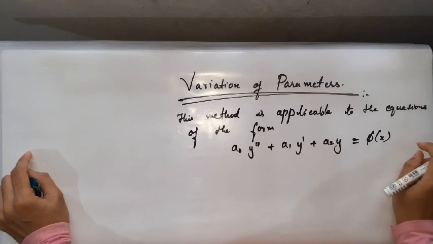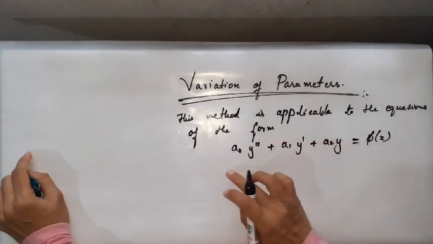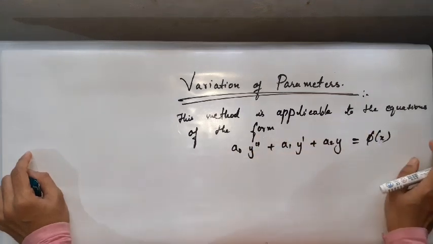Order was not a problem when it comes to the direct method of solving differential equations. When it comes to variation of parameters, you need to be careful. This method is only applicable for second order linear differential equations. So please take care about that. So let's see what this method says.